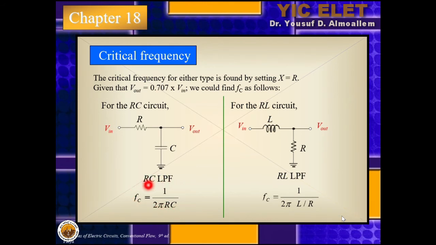This is for the RC circuits with capacitors, and this is for the inductors. So you just need to remember these two equations to know the critical frequency of the circuit.